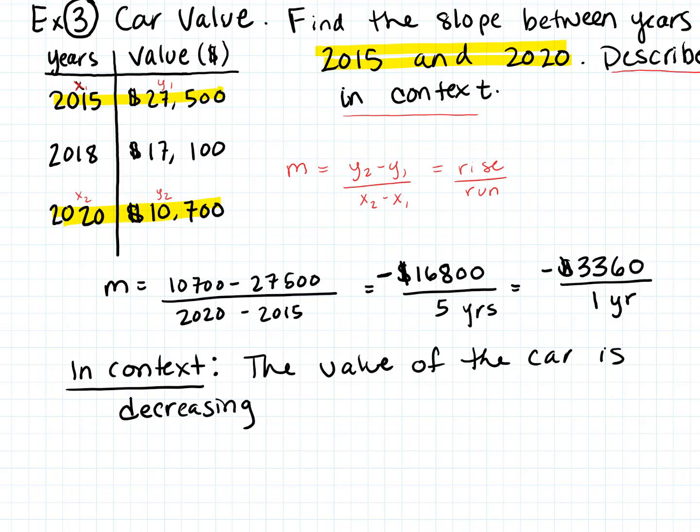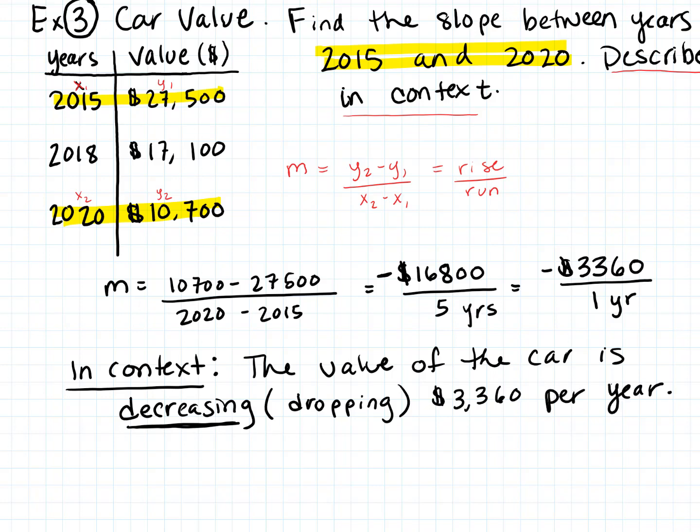Okay, we have to have some language around the fact that it's going down. It's decreasing. Or you could say something like dropping. Dropping would be another word. Anything that indicates that it's going down. Decreasing or dropping by $3,360 per year. So per every year.